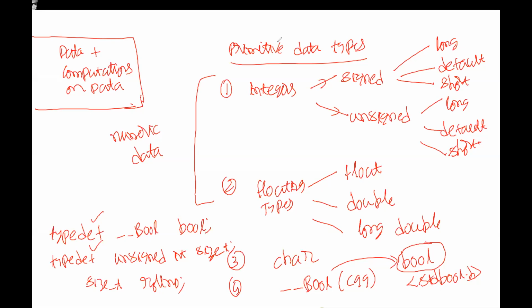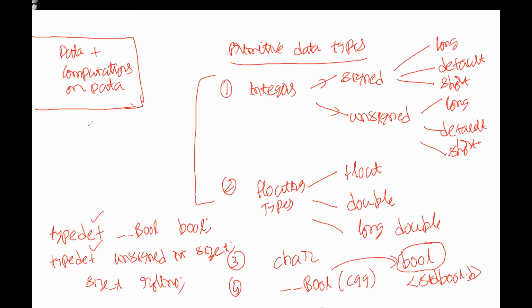So programming languages provide primitive data types and a methodology for us to compose new data types from them. The important point, let me summarize: all programming languages support two things.